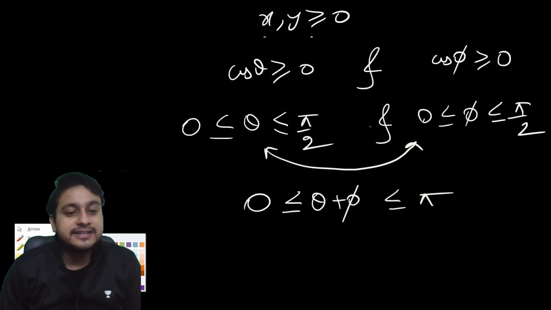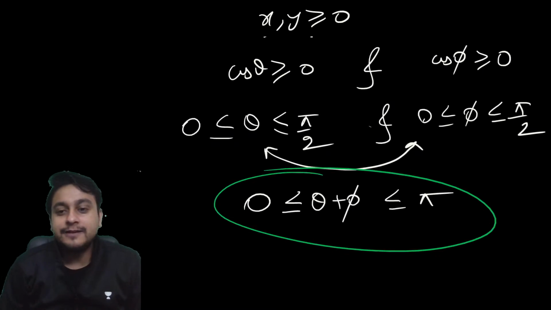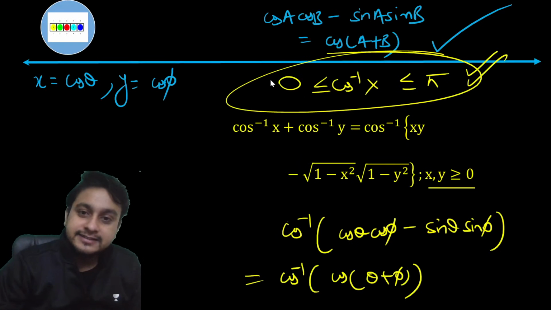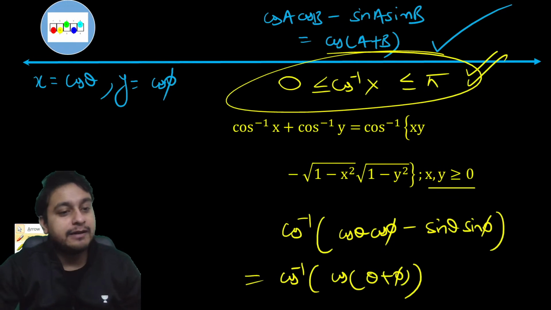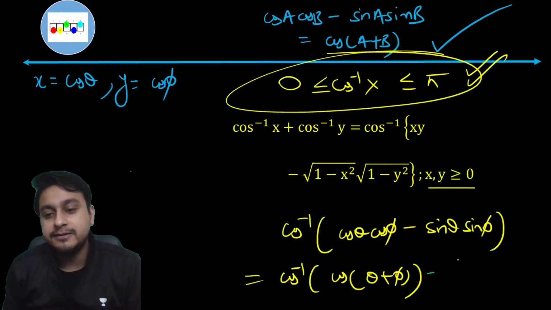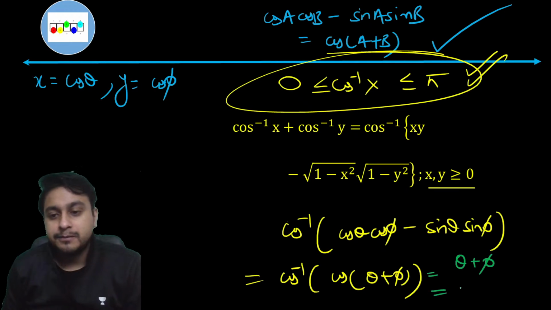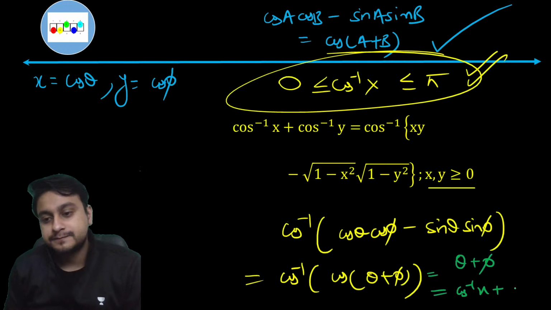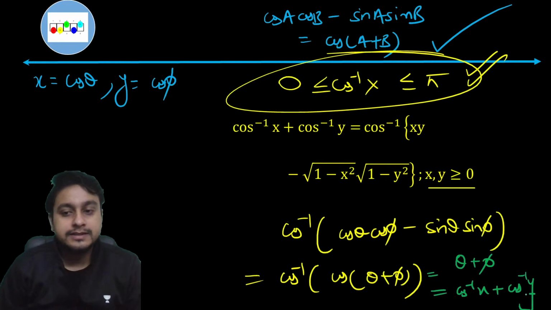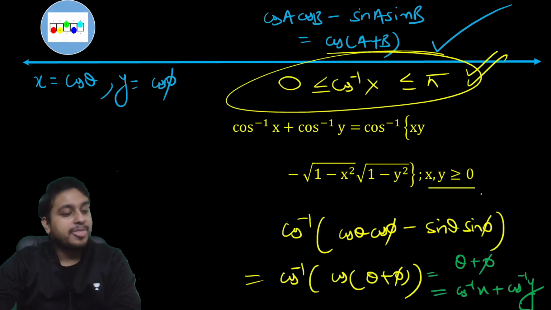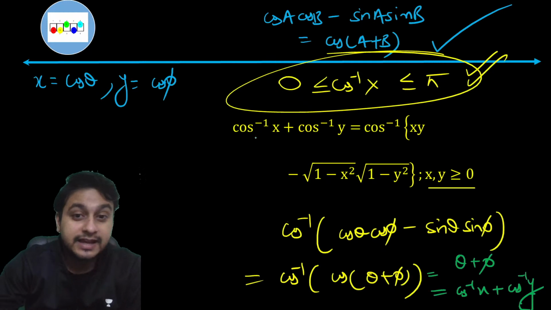Absolutely. Cos loves this food, right? Yes. And so we can very well cancel this out and write simply theta plus phi, which is nothing but cos inverse x plus cos inverse y. Is that clear to each and every one of you? Amazing.